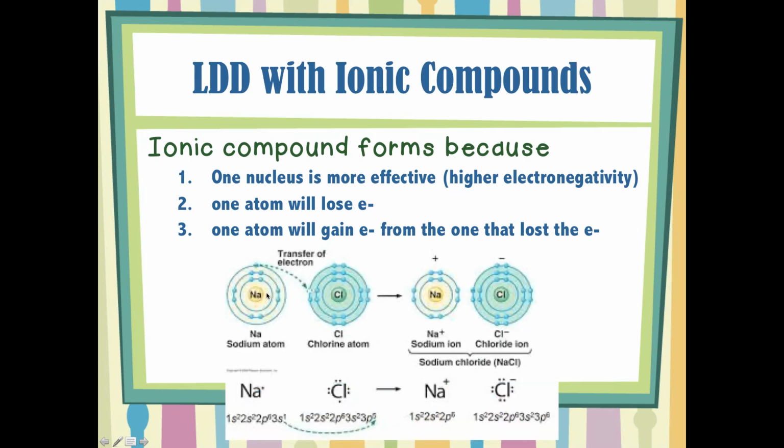So here's a visual. Sodium and chlorine, between the two of them, chlorine has a stronger nucleus. It has about the same number of levels, right? 1, 2, 3, 1, 2, 3 levels, but the chlorine atom has way more protons in its nucleus, so the nucleus is more effective. Same shielding, but chlorine is more effective. So chlorine pulls the electron from sodium because sodium is not pulling that electron as tightly, and then that pulls away.